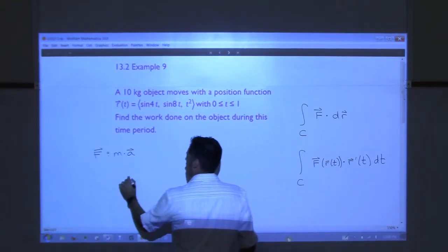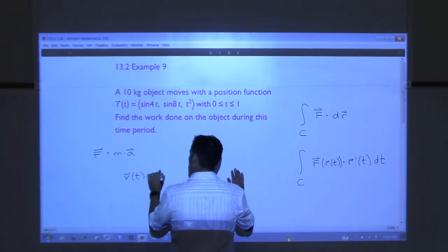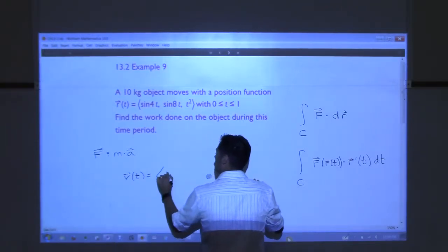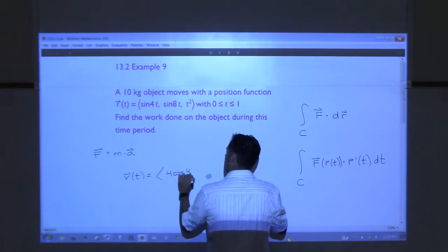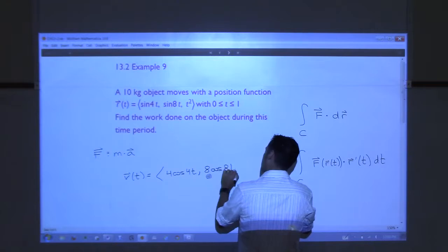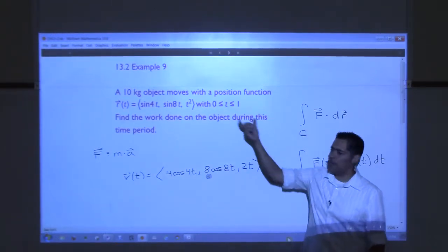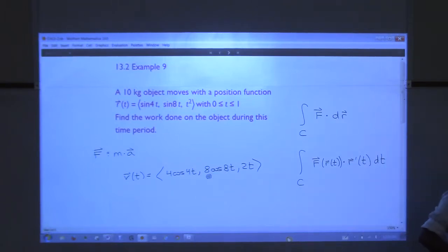Now, the velocity vector function will be the derivative of this. What is the derivative of that? 4 cosine 4t, 8 cosine 8t, and then 2t. That's the velocity function, right? Given a position function, the first derivative is the velocity function.